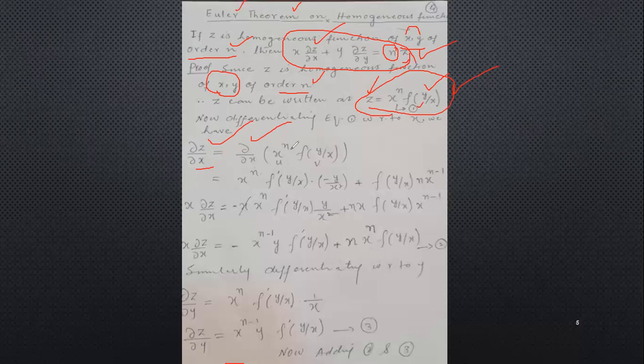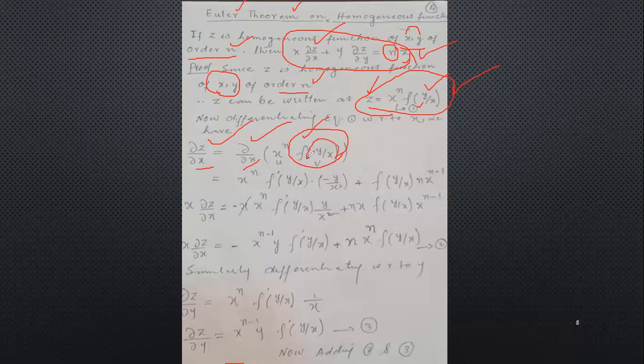Now here both terms are in multiplication, and both contain x. So we use the u into v formula. u is x power n, same, times the derivative of the function f of y divided by x. First we take the derivative of the function, which is f dash, and y upon x remains the same.